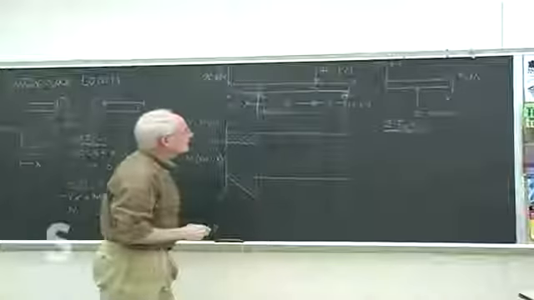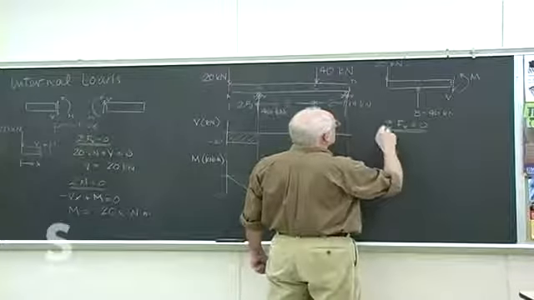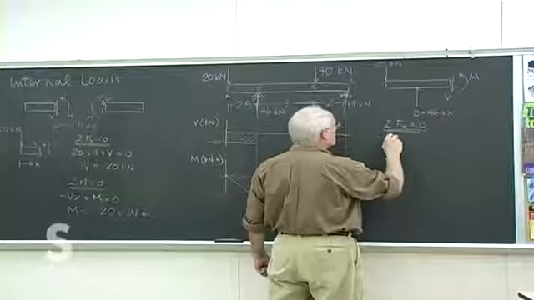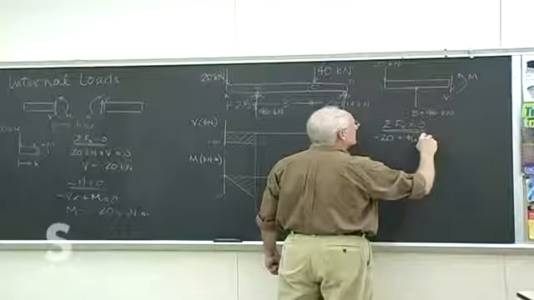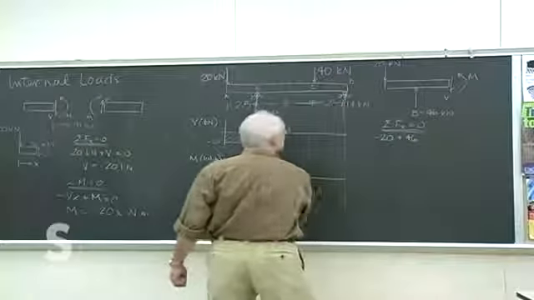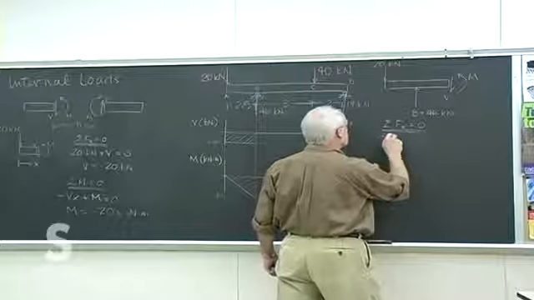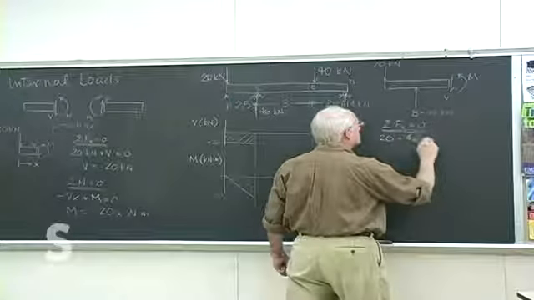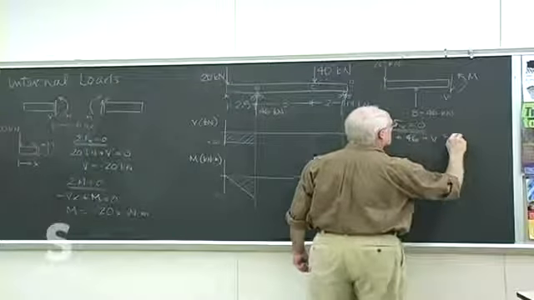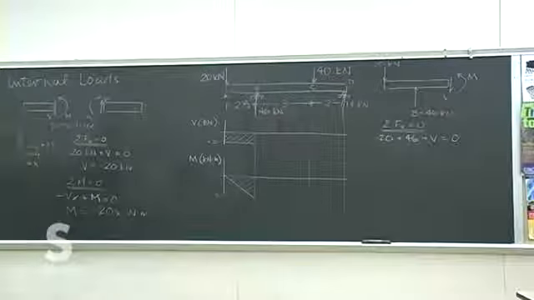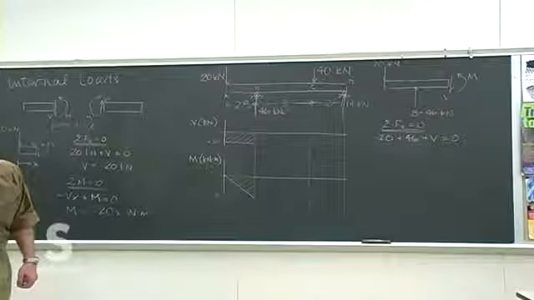So summing for the shear there, the internal shear, we've got 20 down, 46 up, and plus V. I'm not as used to doing it this way, so I've got to double check.